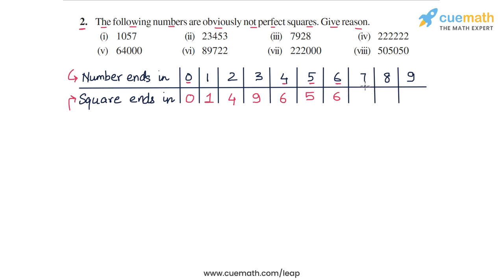If a number ends in 7, then the square will end in 9 because 7 square is 49 and the unit digit of 49 is 9. If a number ends in 8, then the square will end in 4 because 8 square is 64 and the unit digit of 64 is 4. And finally, if a number ends in 9, then the square will end in 1 because 9 square is 81 and the unit digit of 81 is 1.